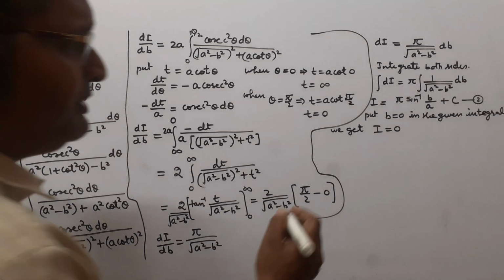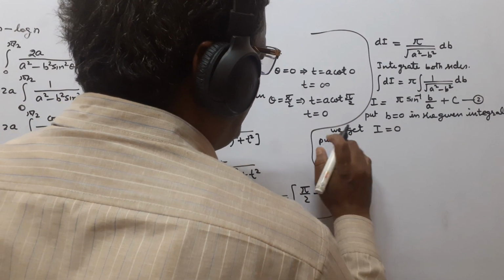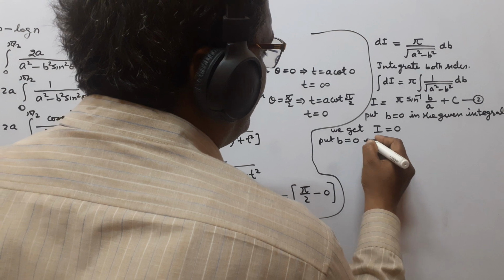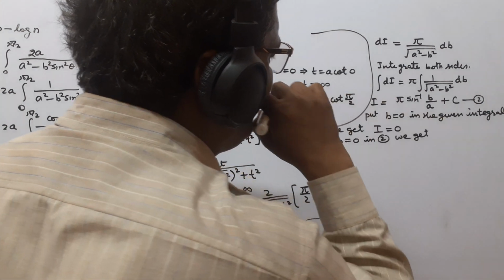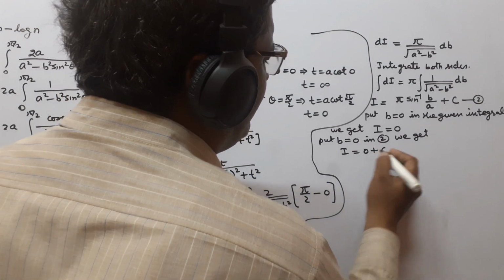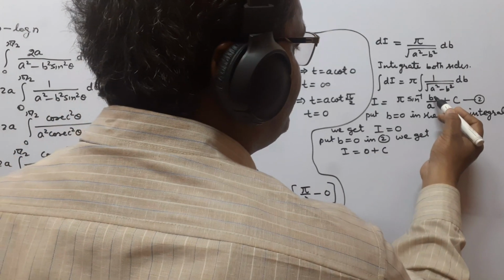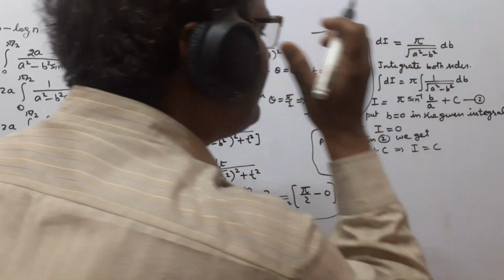Now put b is equal to 0 in the second equation. We get I is equal to 0 plus c, because sine inverse 0 is 0, so I is equal to c.